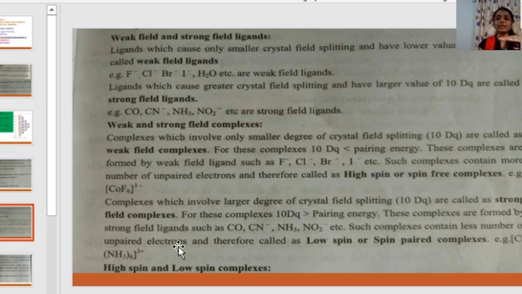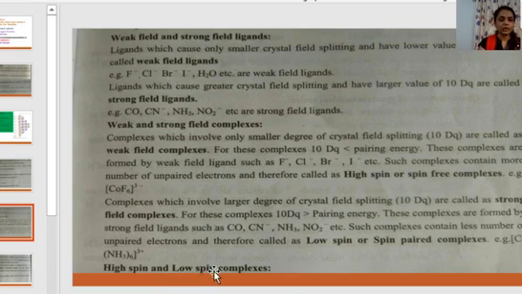Since the electron prefers to get paired into the lower energy state, the number of unpaired electrons found in these complexes will be very few, and therefore they are called low spin or spin paired complexes. For example, Co(NH3)6 3+.